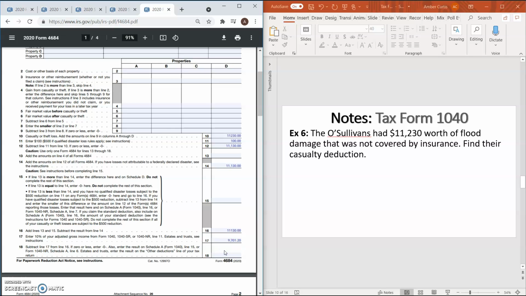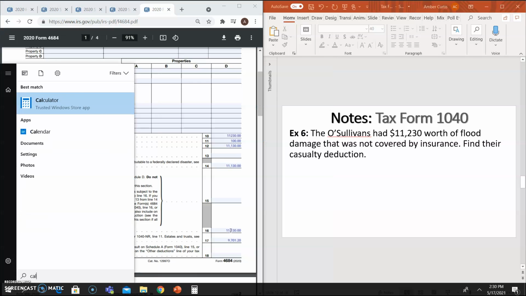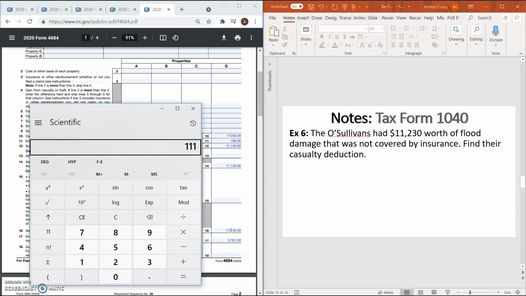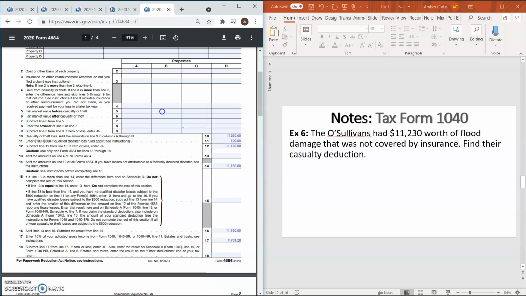So let's take our $11,130 and subtract our $9,701.20. So the amount that's deductible is $1,428.80.